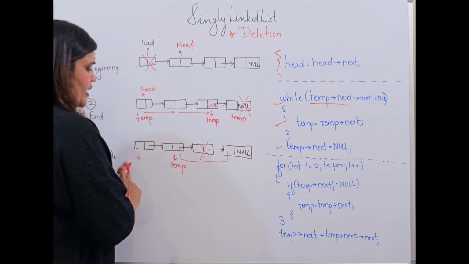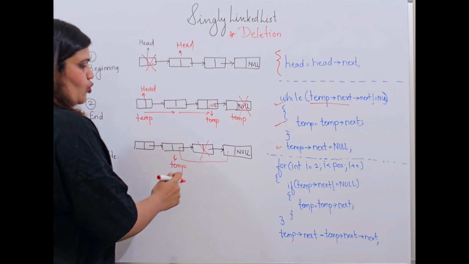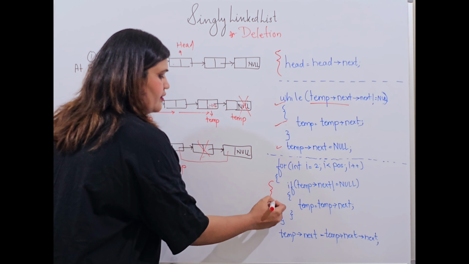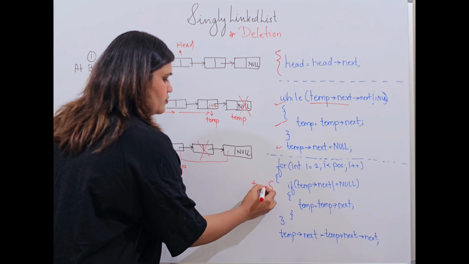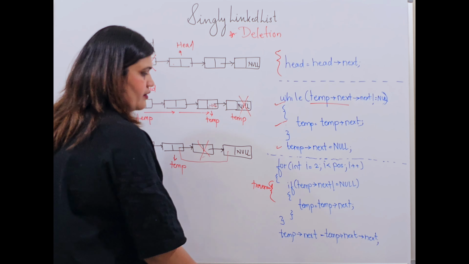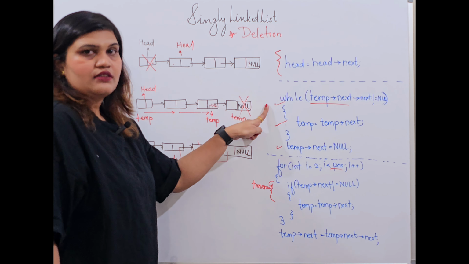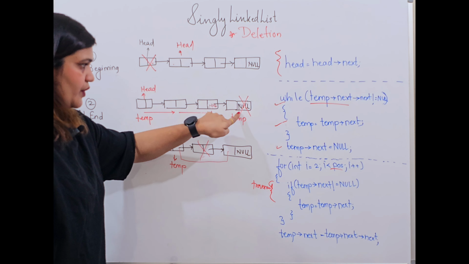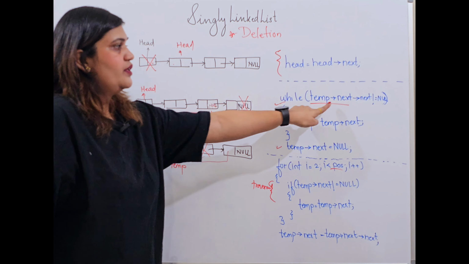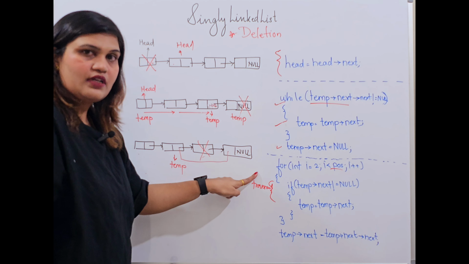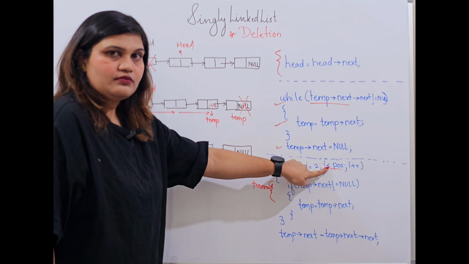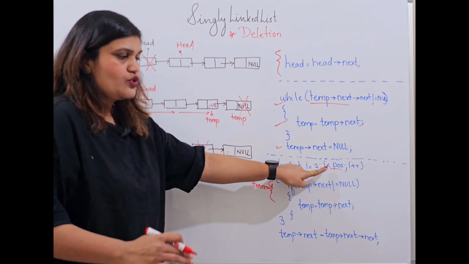No. It will move to the next, and it will go on moving. What is this doing again? Traversal. But traversal till where? Till the position. Here also it is traversing, traversing till the previous element to the null, so temp to next to next. Here it is doing traversal till the position, I mean less than position.